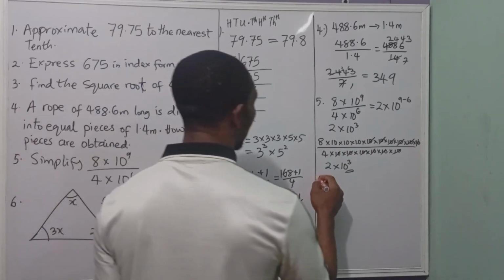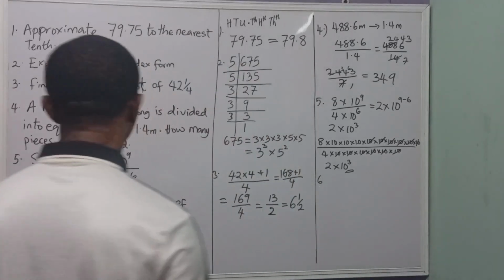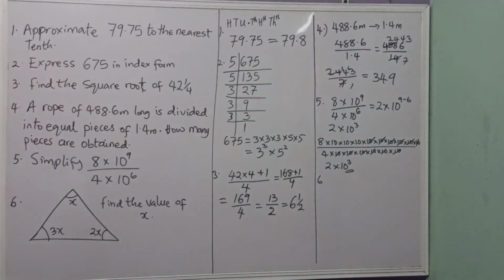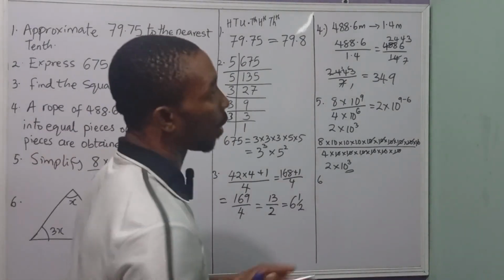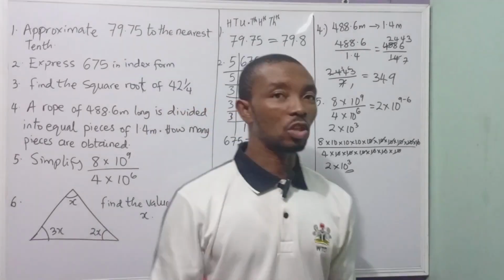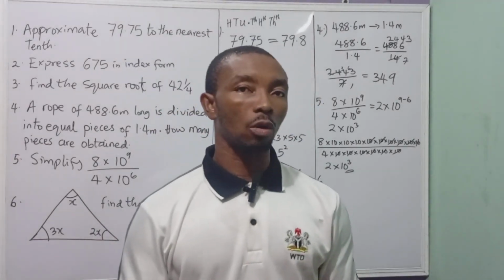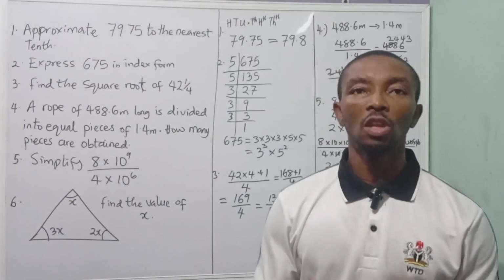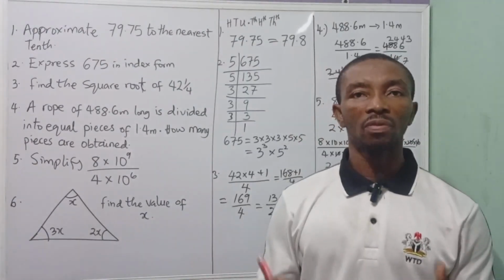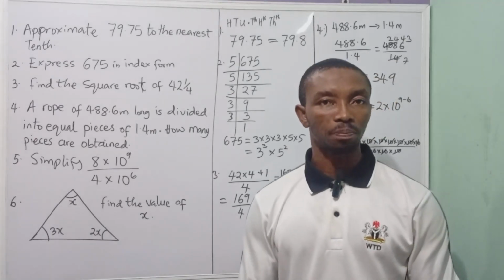Now to our sixth question, it says, find the value of x in the triangle. We all know, or we are supposed to know, that the sum of the internal angles of every triangle sums up to 180 degrees.